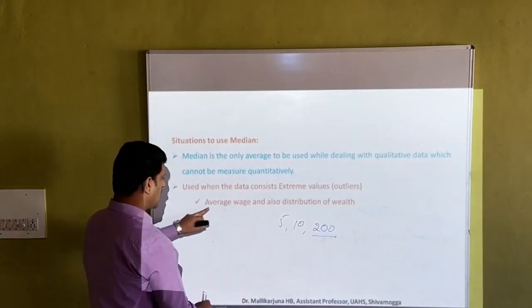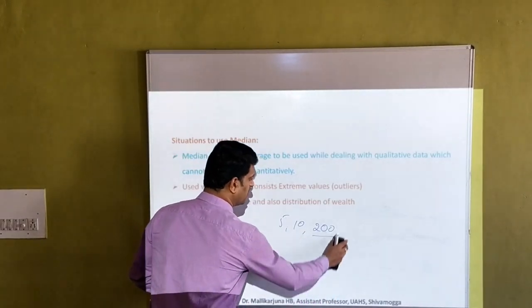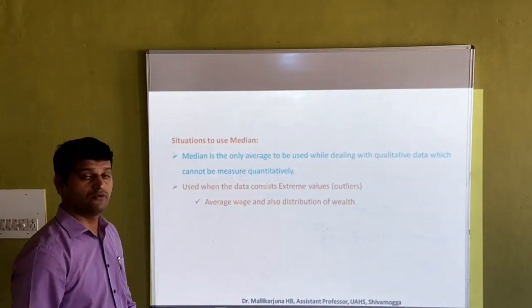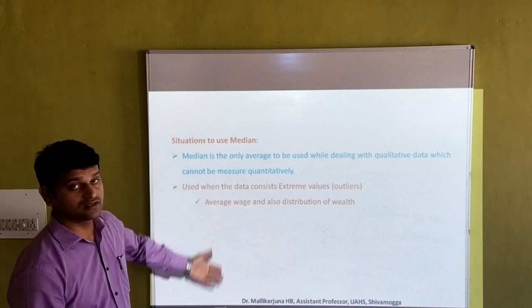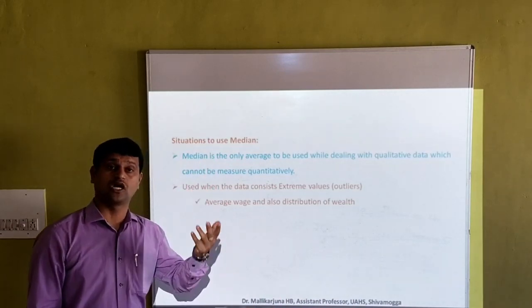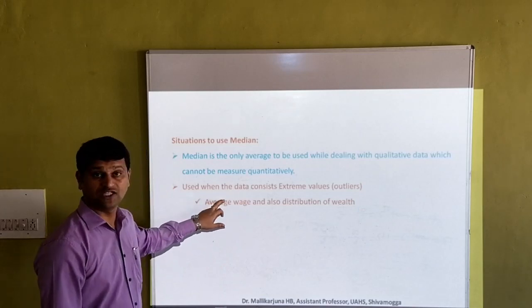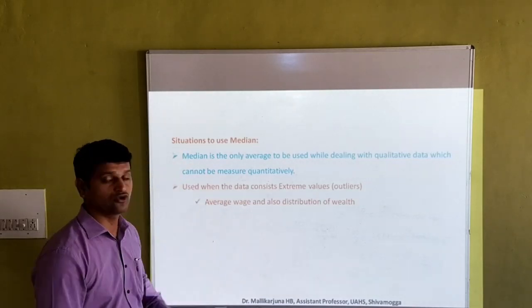That's why, to find out average wage, where persons' wages vary, in a normal scenario one person's daily wage is 300 rupees, another person's per day wage is 3,000 or 3 lakh, 3 crore. So in those cases, to find out average wage, median is used. When extreme values are involved, we have to use median.